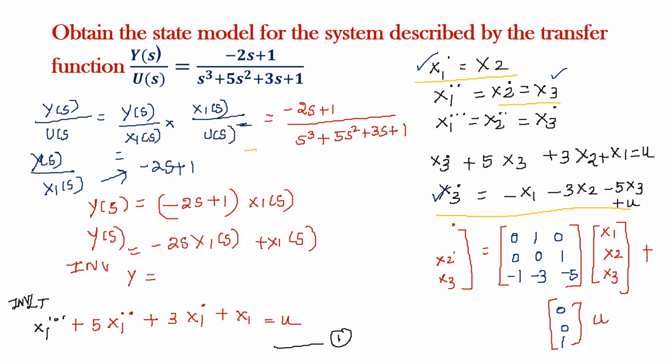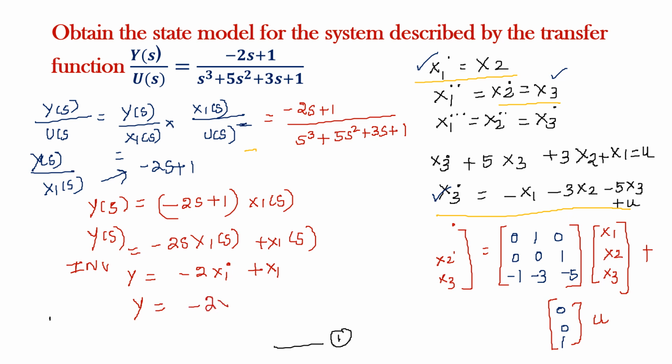So y is equal to minus 2 into x1 dot plus x1. And next we have to write, instead of x1 dot, what is x1 dot? x1 dot is equal to x2. So already derived. So instead of x1 dot, you have to put x2. So y is equal to minus 2x2 plus x1.